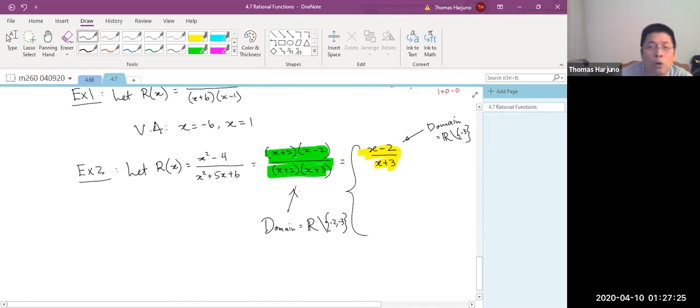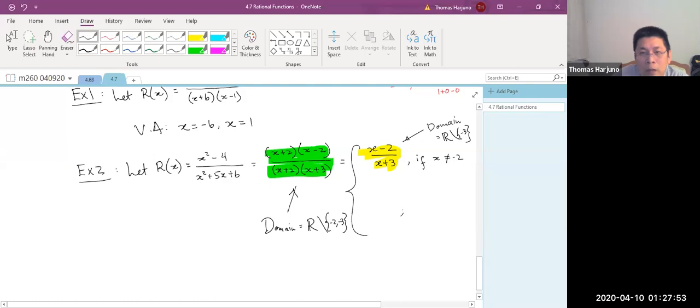So I need to say that the green function is equal to the yellow function only if x is not equal to negative 2. The graph on the left-hand side is equal to the graph on the right-hand side everywhere except when x equals negative 2.